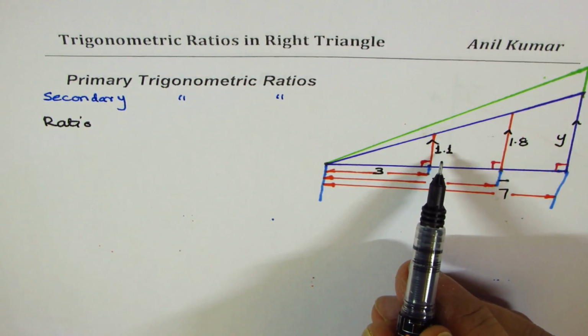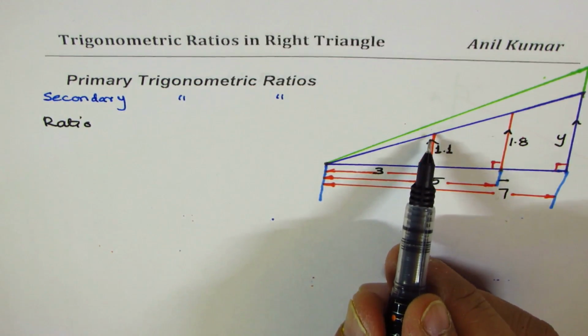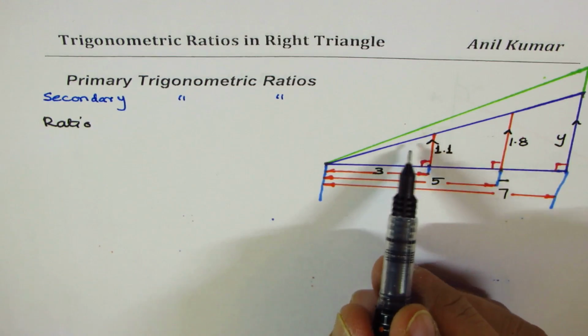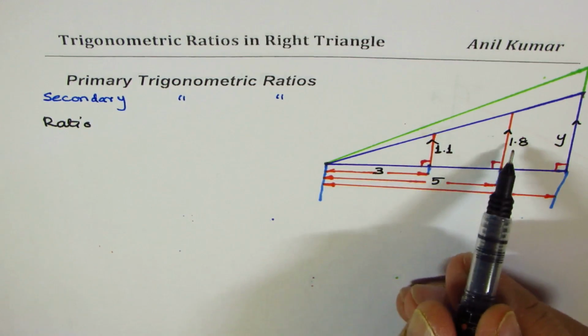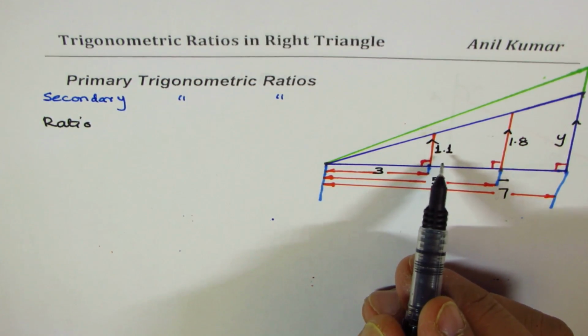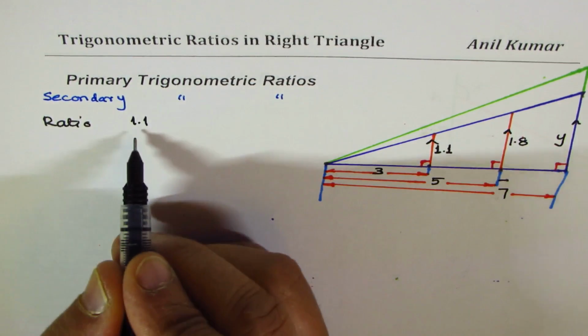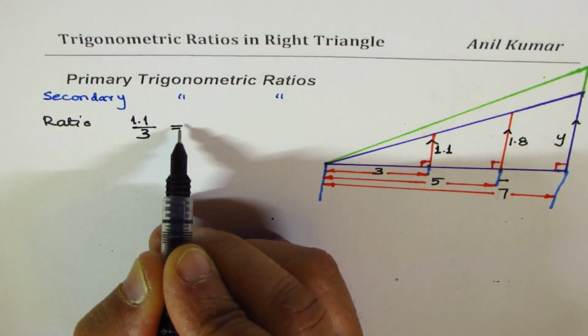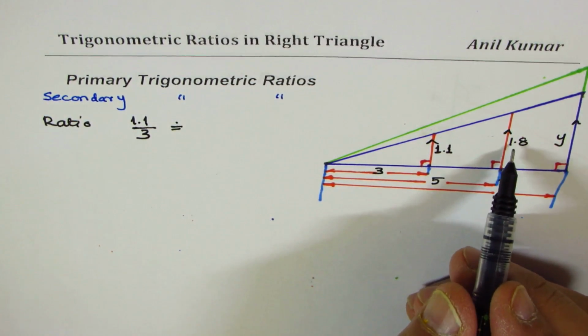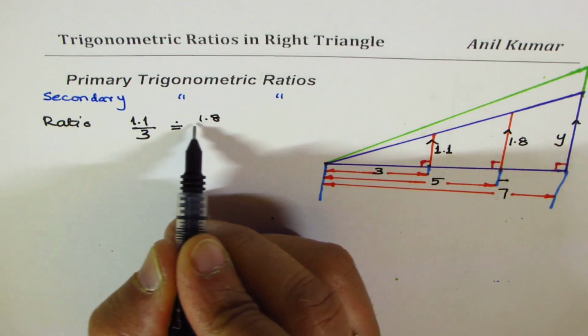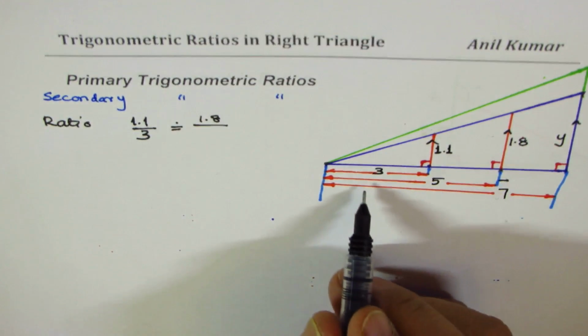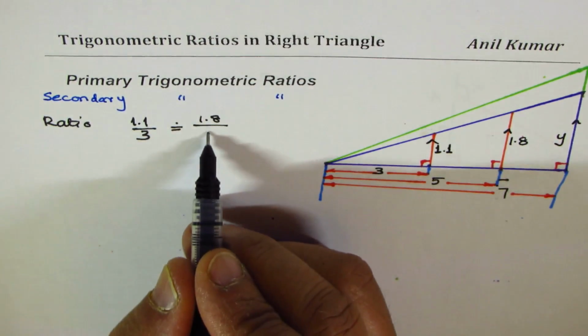So in this case, what we'll find is that if these are my triangles and those are the dimensions, then the ratio of 1.1 over 3 will be approximately equal to the ratio of 1.8 over 5, right? The base length.